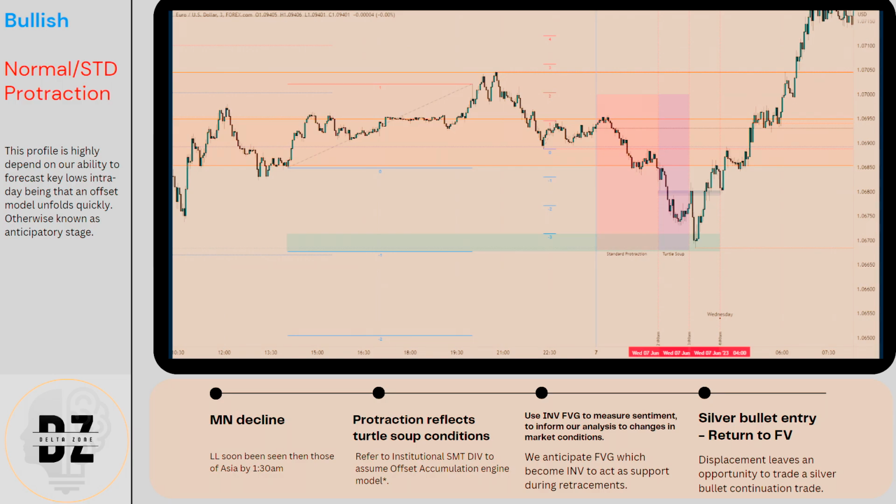I'm going to lay out some of the relevant conditions that validate this profile. Firstly, we should anticipate that the market is reaching for a higher time frame daily or weekly drawn liquidity. Secondly, this model reflects a buy program, specifically a price engine model called offset accumulation.